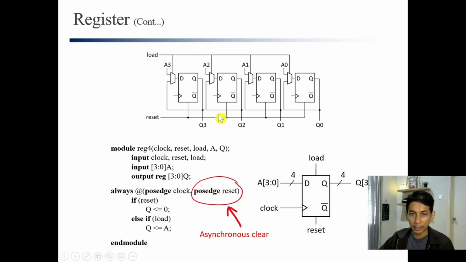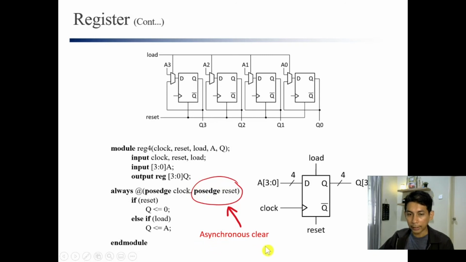Asynchronous means that it is level sensitive, not edge sensitive. Means that whenever reset signal is active, goes high in this case, Q will go to 0. Okay, so that is the function of this reset.